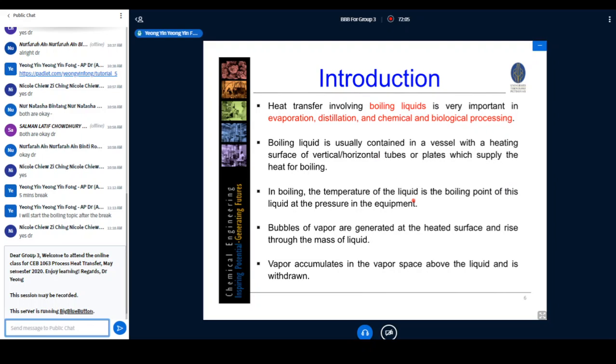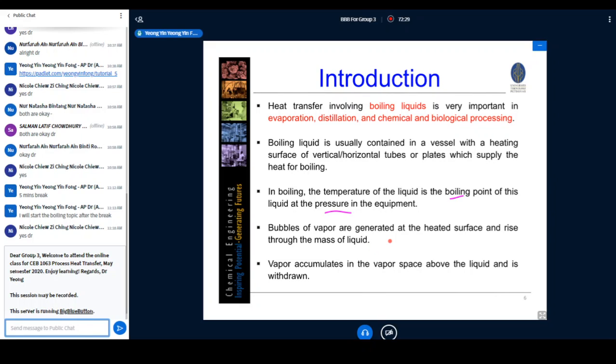In boiling, the temperature of the liquid is the boiling point of that liquid at the pressure in the equipment. So bubbles and vapors are generated at the heater's surface and rise through the mass of liquid, like when you are cooking instant noodles in the kitchen.